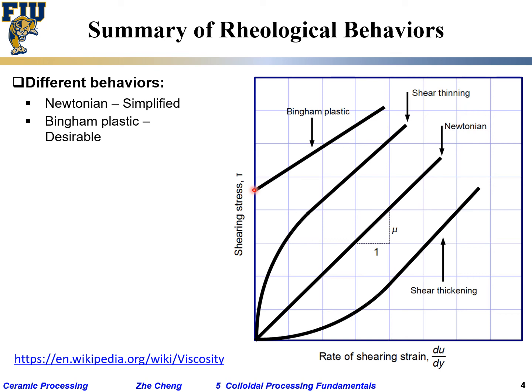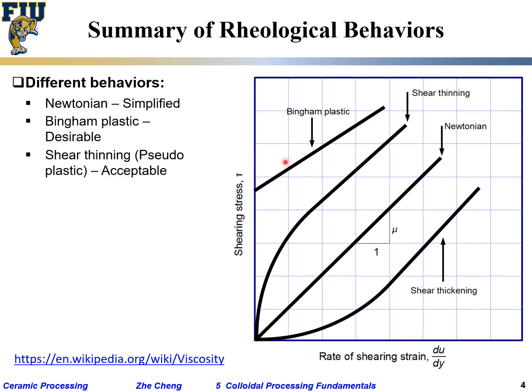Essentially, the shearing strain rate, if my stress is below this value, is 0. But then above that, I have a constant, I wouldn't say constant, but kind of incremental linear relationship. Make sense? That's for certain plastic materials.